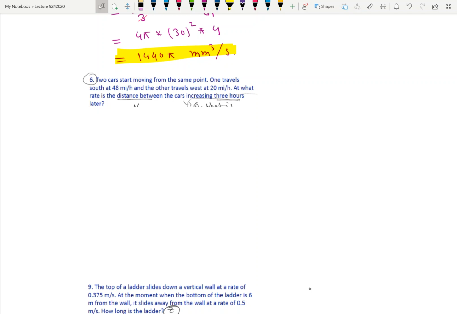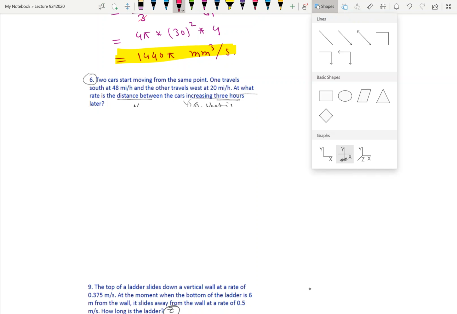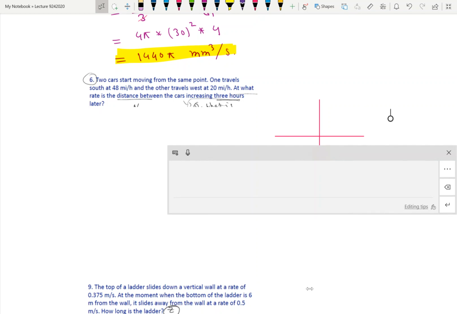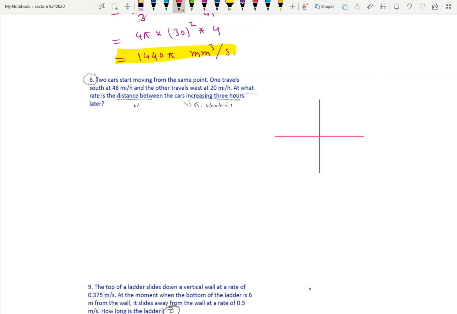So first draw the figure. On paper we normally write this one east, this side is west, this is north, and this is south.